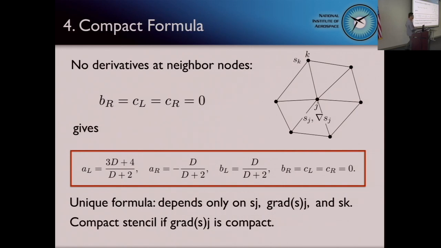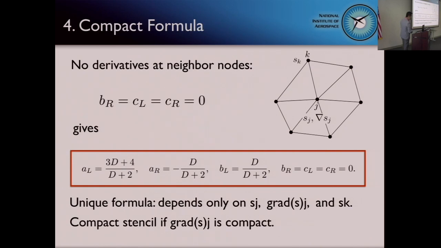We call it the compact formula because if this gradient at j can be computed over the compact stencil, this discretization has a very compact stencil, depending only on the neighbors, which sometimes is possible. But still, we need to compute the gradient of the source term at every node, of course.